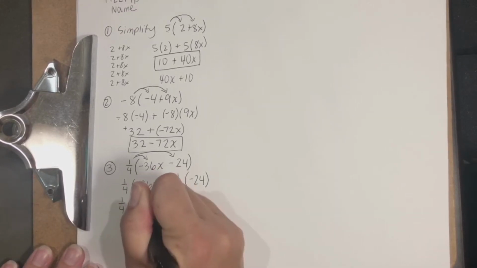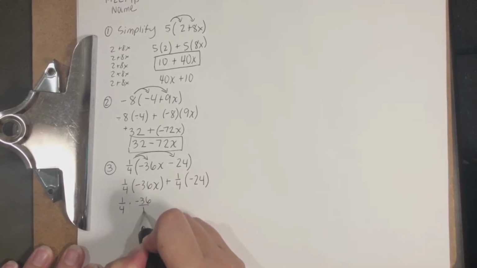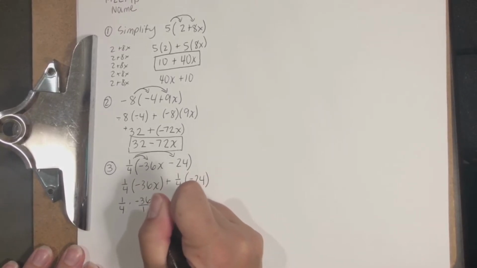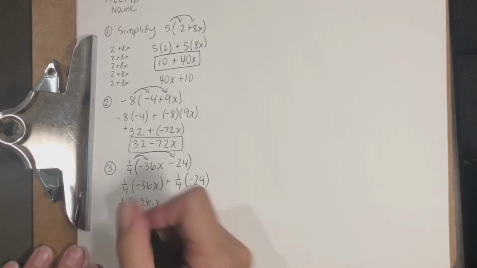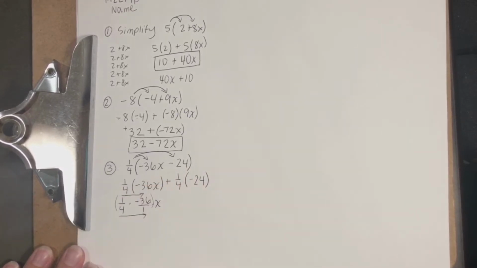I'm going to put the negative 36 over 1, and then times x. Now I can multiply these fractions straight across and deal with this first.